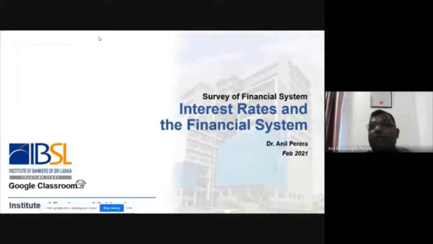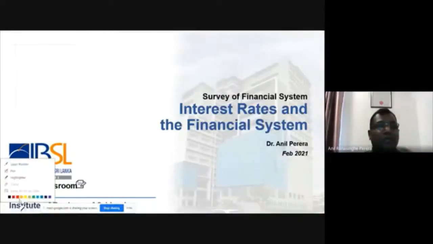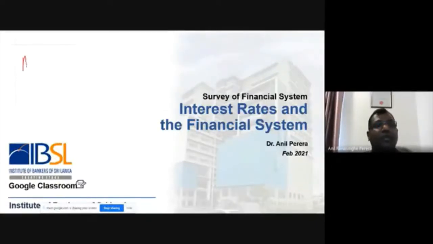Okay. Now today we are looking at the interest rates. Why are interest rates important? From our previous week's discussion, we defined monetary policy as the process by which you control the availability of money and the cost of money in the economy.